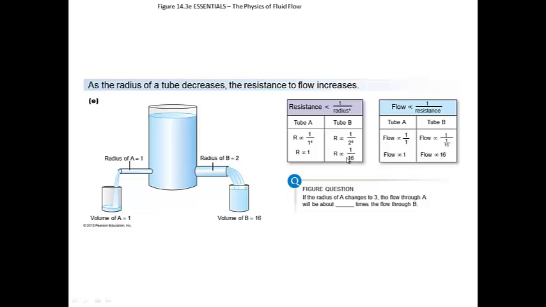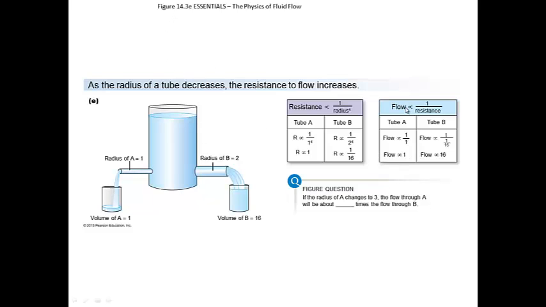So the resistance in tube B is 1 over 16. It is in fact only 1/16 of the resistance that we find in tube A, despite the change in the diameter only being double. It's a 16-fold change in resistance.